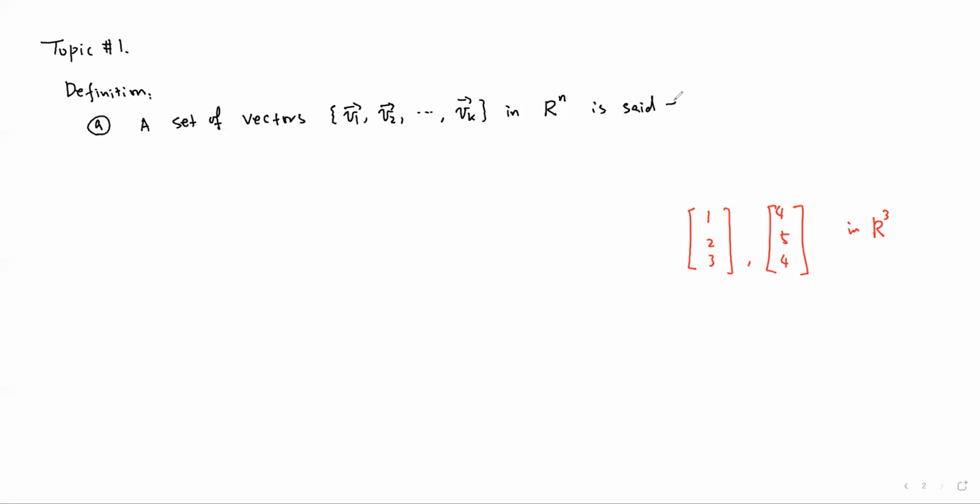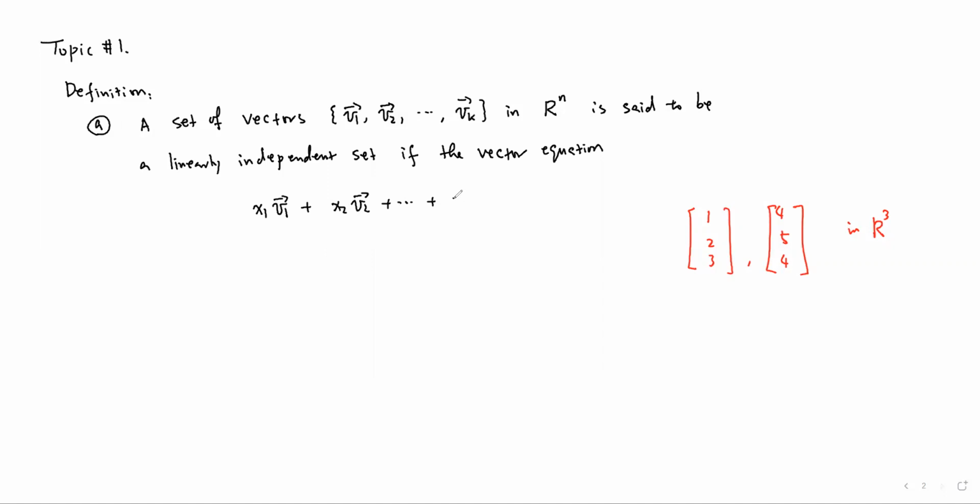The meaning is the following. If the following vector equation, x1 (unknown) times v1 plus x2 times v2 plus ... plus xk times vk equals 0, is a linear system, because the right-hand side is 0.